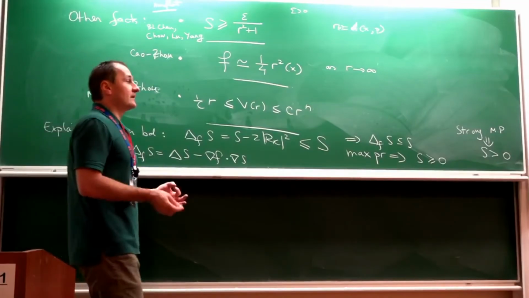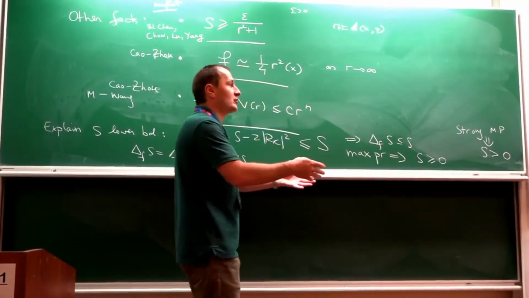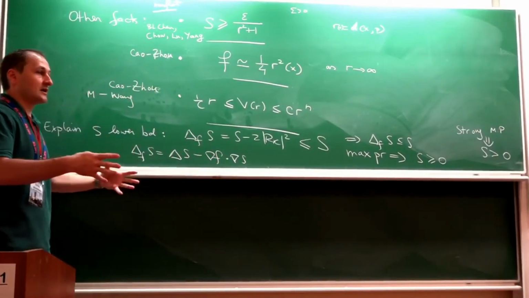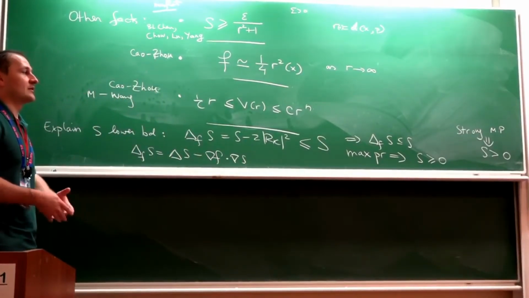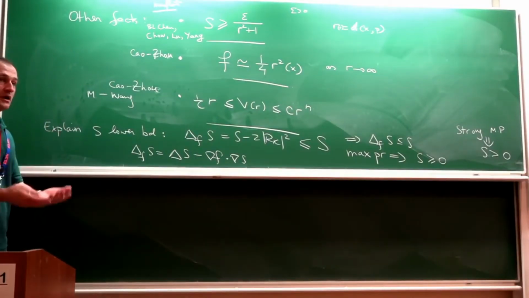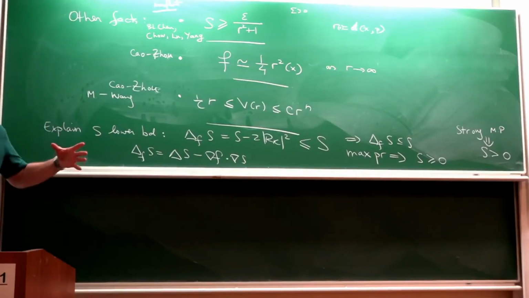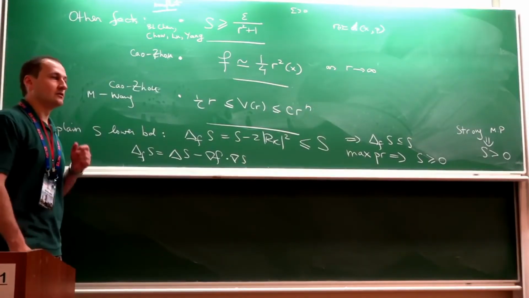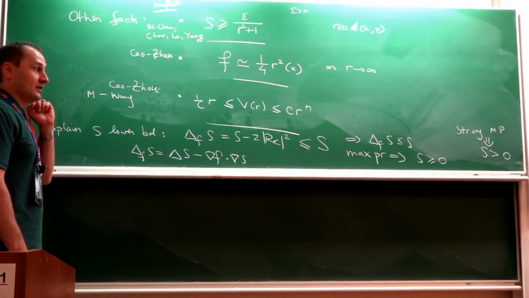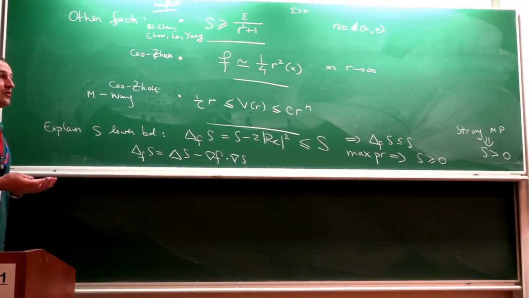So the strong maximum principle tells you that S is strictly positive. This is again provided you can use the maximum principle. If the minimum occurs inside, then you have this property. But what if it is achieved at infinity? In that case, you use a cutoff function. That's very standard. You use a cutoff function to make S have support in a compact set. When you use a cutoff function, there are always problems.